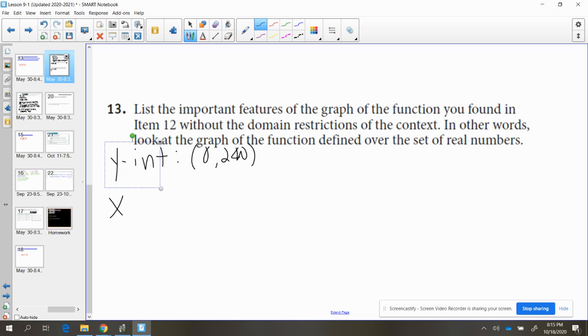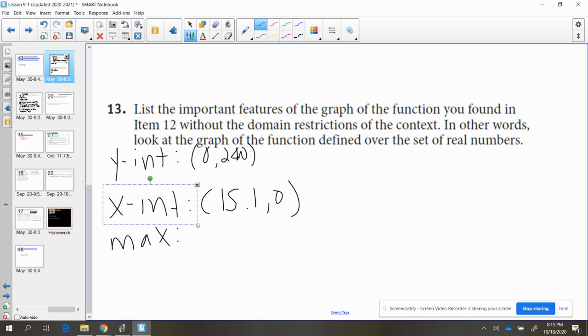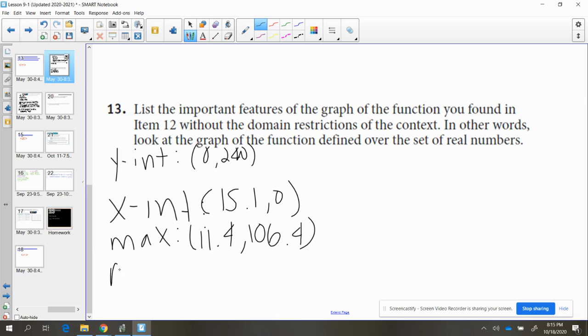So we have all these pieces that we can start looking at. And again, I'm going to just save us some time. So we have a relative max at 11.4, and then 106.4.